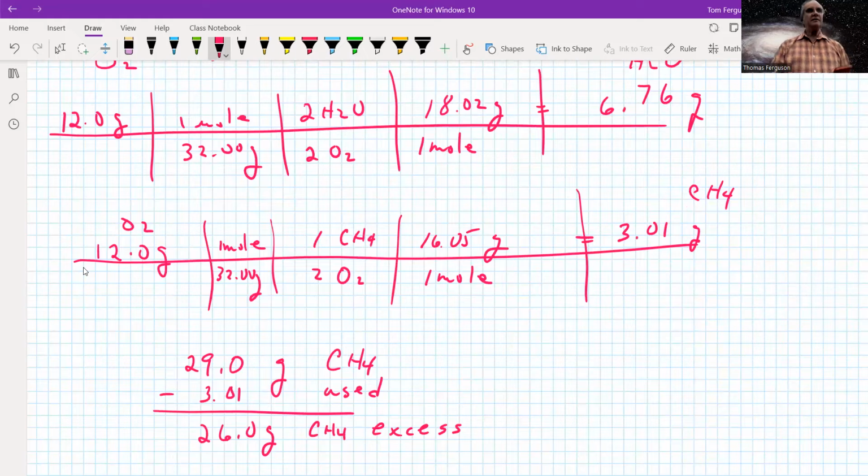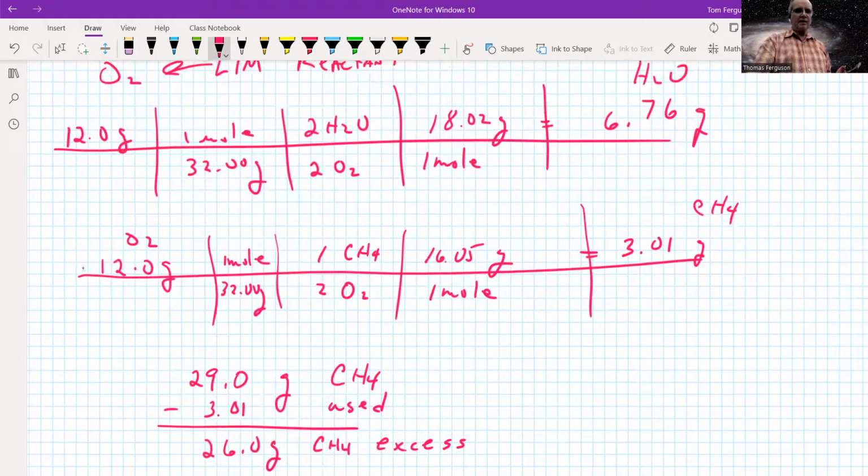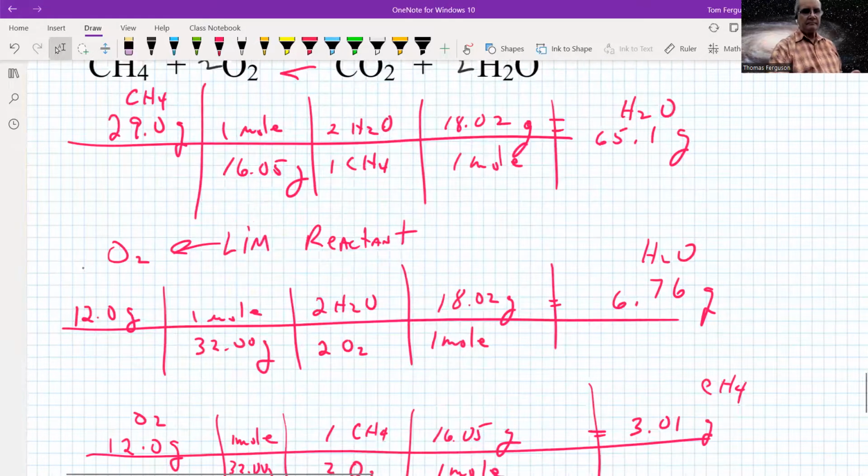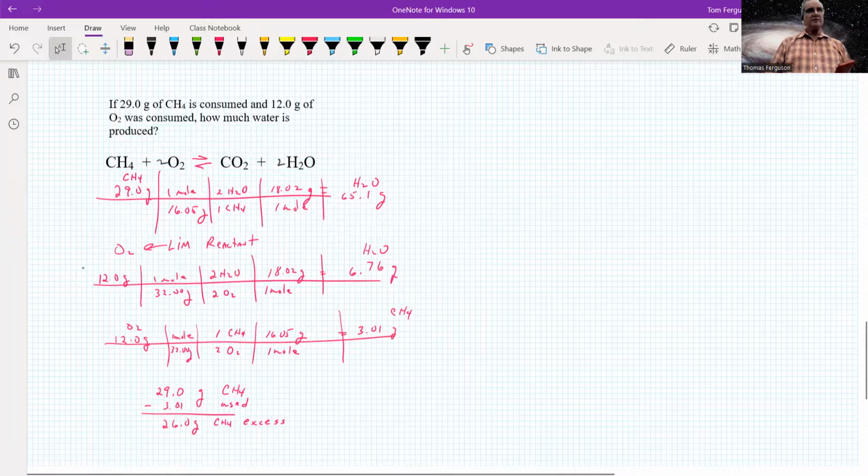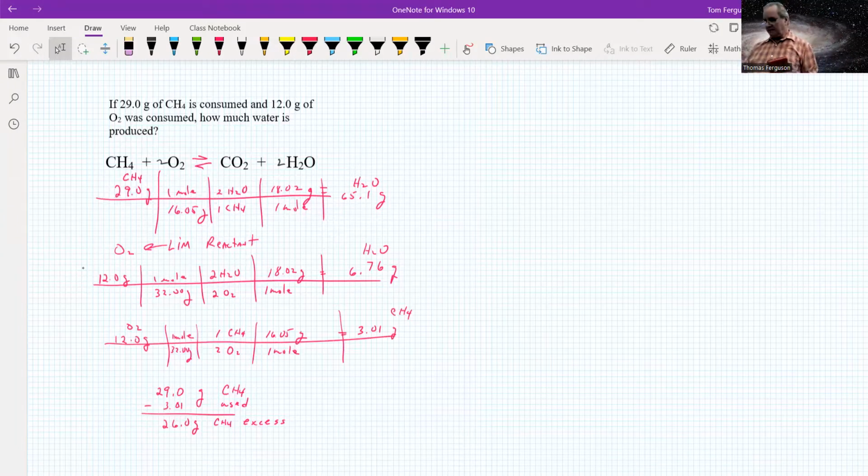So that is a typical limiting reactant problem. Notice what we did today, we did 3 times. That's why it's really important to get this idea down of how to do the simple stoichiometry, because on Tuesday, we're going to be using it a lot.